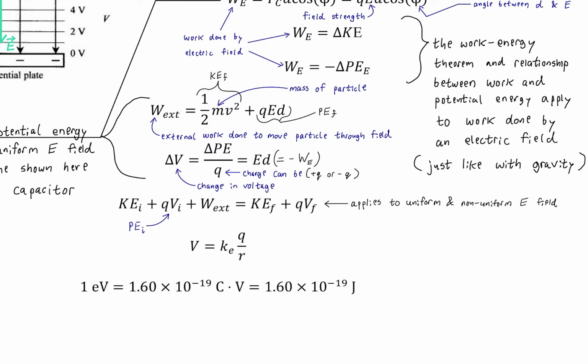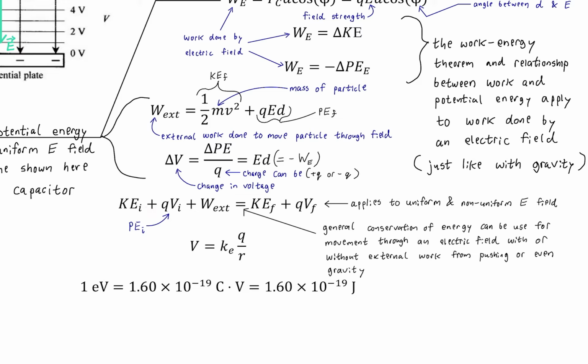Of course, they're more complicated. How much will we talk about them? A little bit. And you'll see how and why in just a moment. But important to acknowledge that this general equation does apply to both. Okay? So this is general conservation of energy, and it can be used for the movement through an electric field with or without external work from pushing or even gravity. Okay? Good.